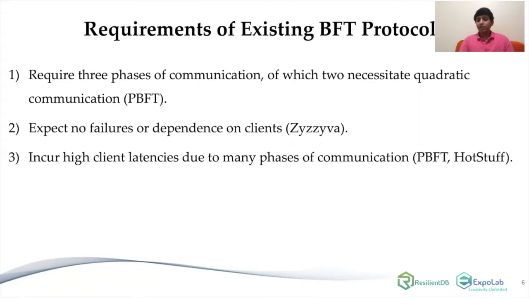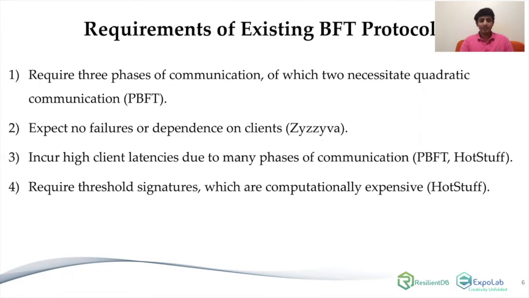Then there were protocols which said that we allow the primary to change after every consensus. That is good. Primaries can change frequently, but there will be a lot of phases, which leads to high client latencies. There are some protocols which say, how about we make PBFT linear by using threshold signatures.